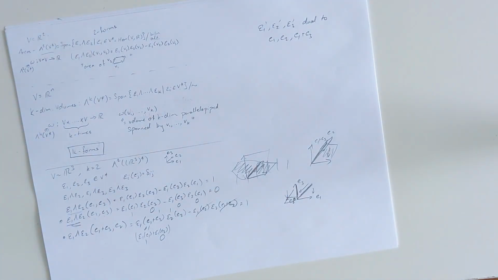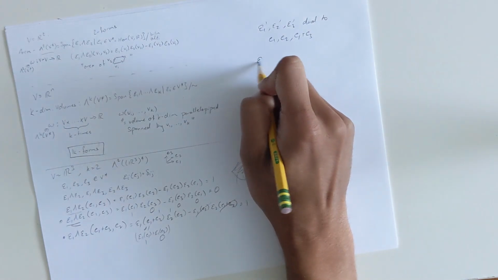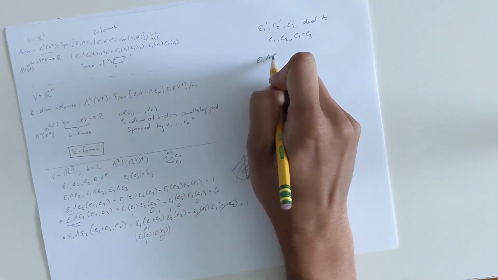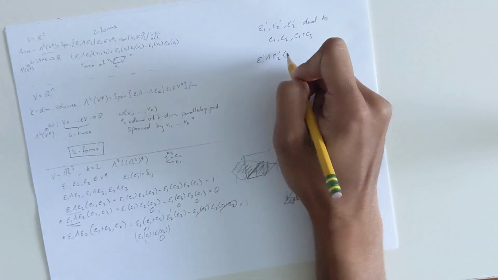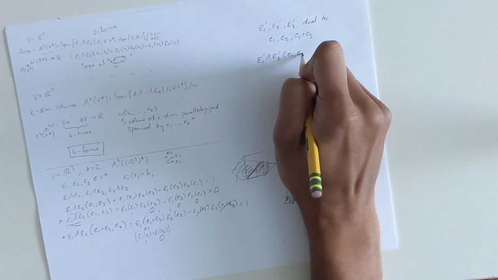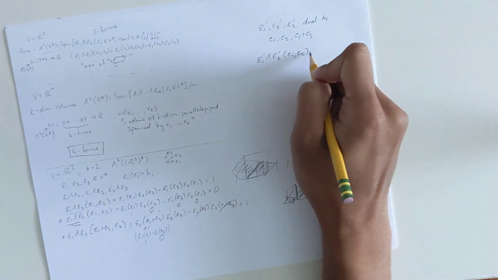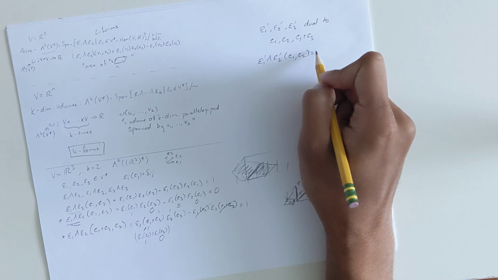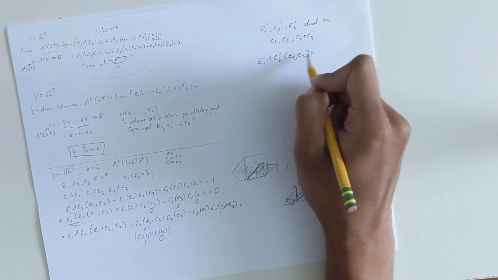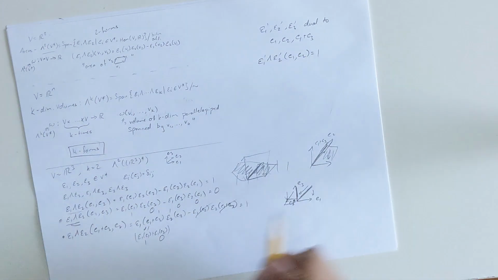And if we do that, then we can look at, okay, what is epsilon 1 prime wedge epsilon 2 prime? If we evaluate this on E1 comma E2, then you can redo the computation here, and you would see that this is equal to 1.